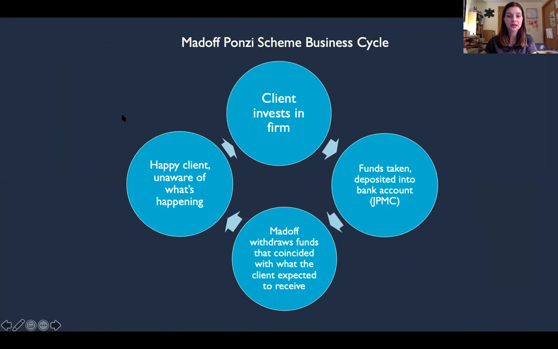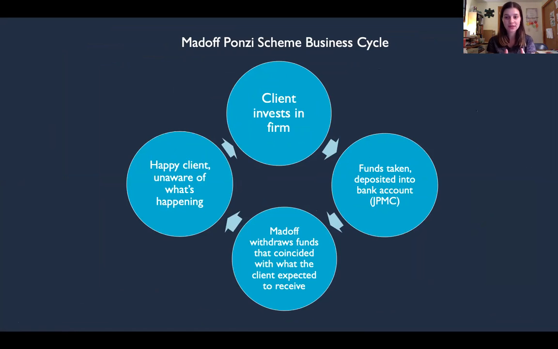So this is the Ponzi scheme business cycle. It starts with a client investing in the firm. We'll say client A and client B. Client A invests in the firm. Madoff takes the funds and deposits them into the JP Chase bank accounts, which I'll get into later. Time goes by, investor B deposits funds to Madoff.